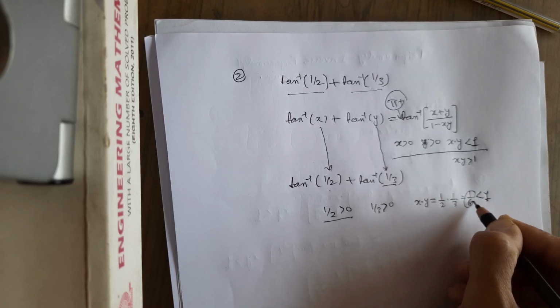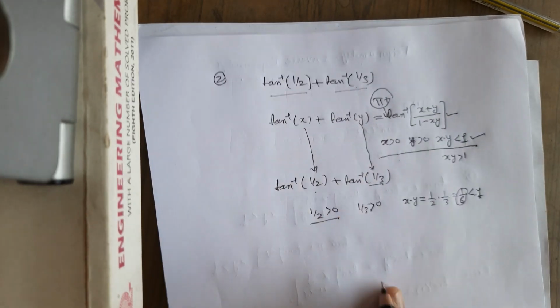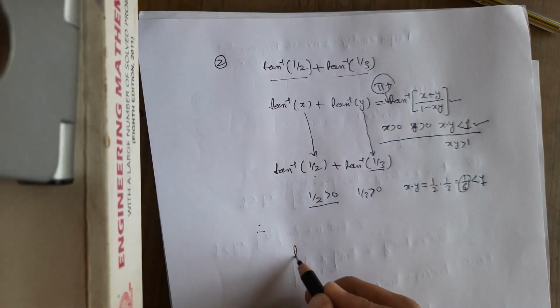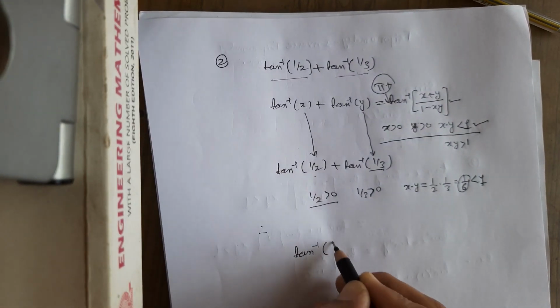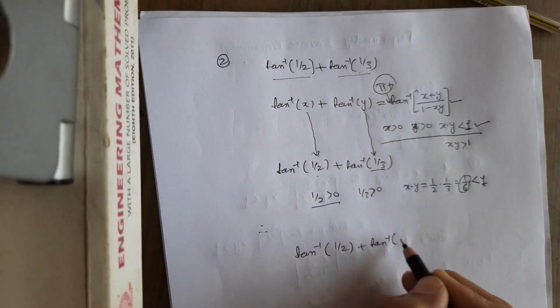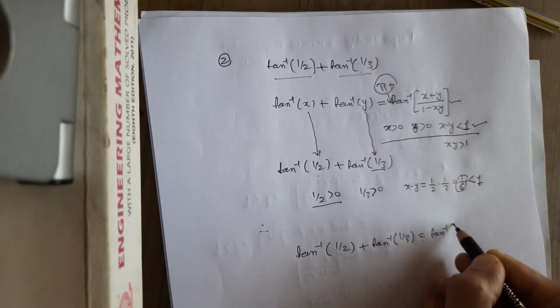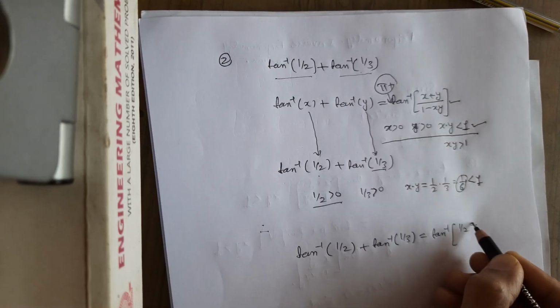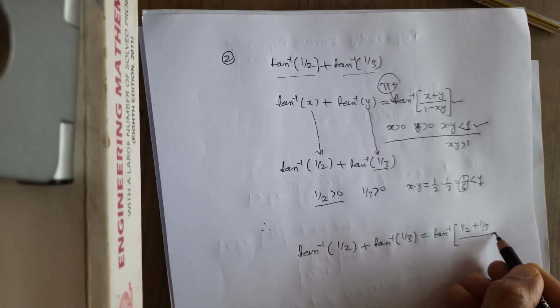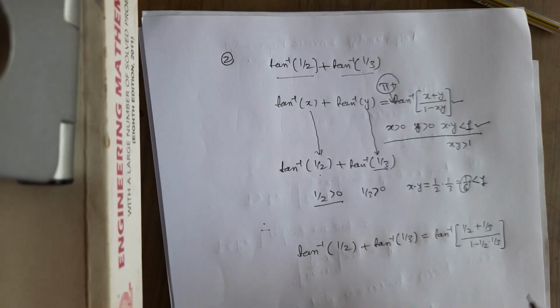This product is less than 1, so we will use the first property. Therefore tan inverse of 1 by 2 plus tan inverse of 1 by 3 equals tan inverse of (1 by 2 plus 1 by 3) upon (1 minus 1 by 2 into 1 by 3).